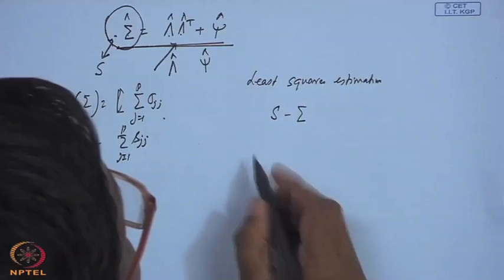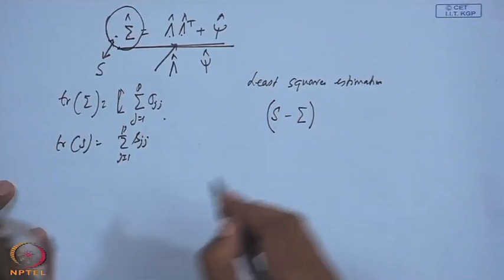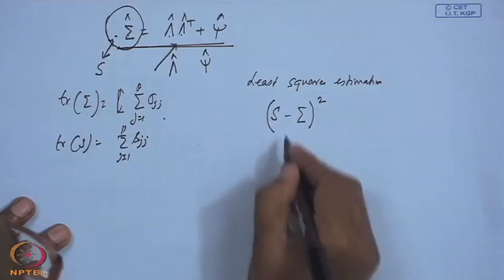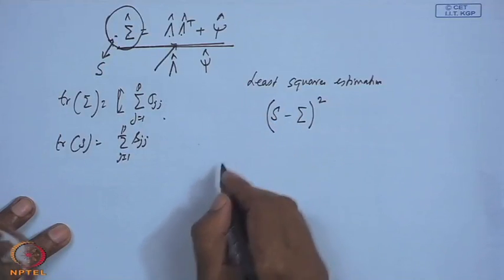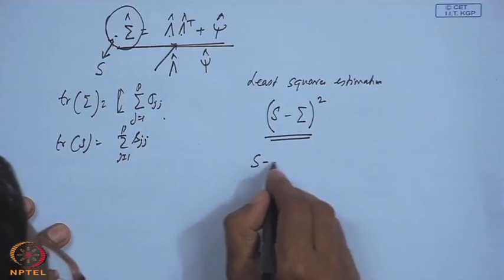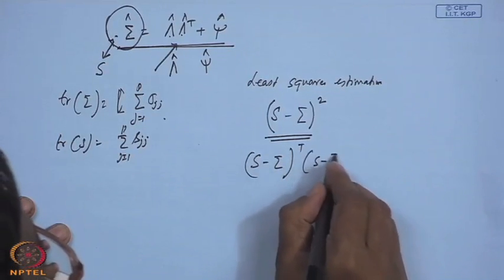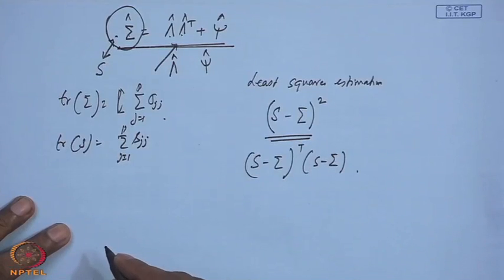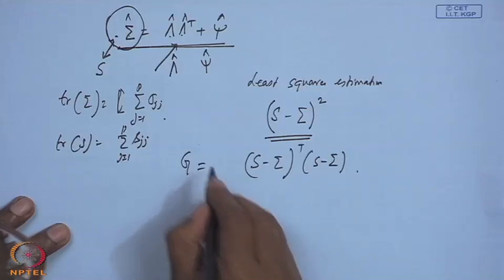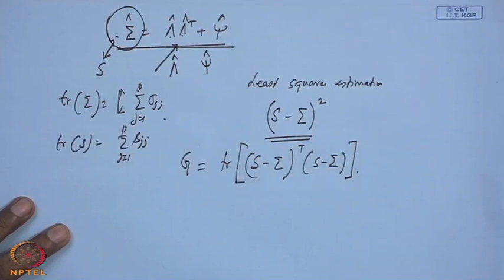Here, as we are interested in the variance component, we consider the sum of squared errors like this, and this is in the matrix domain. So this will be this, and then we minimize a function g, which is the trace of this.